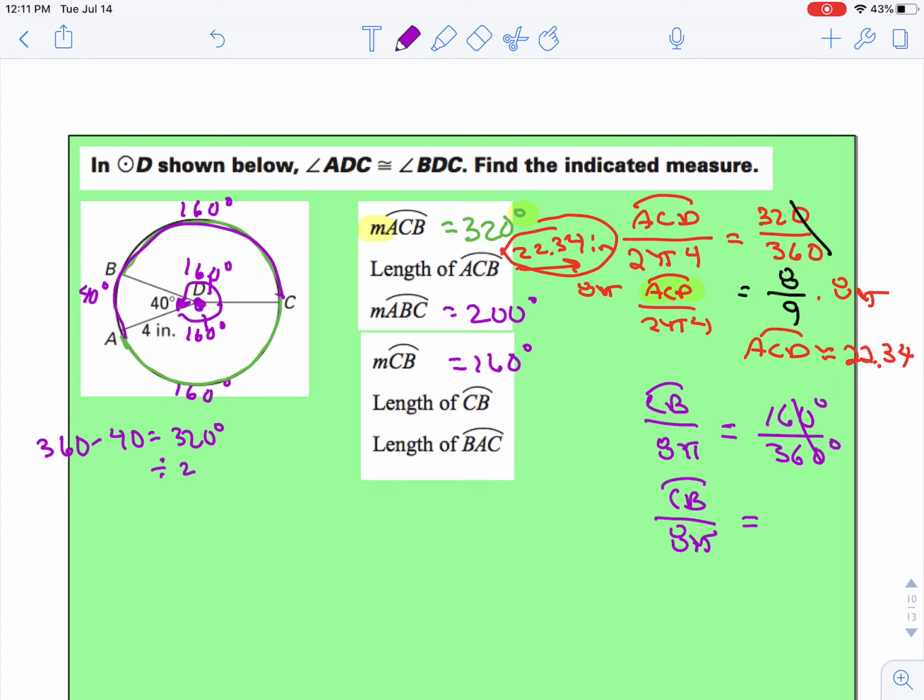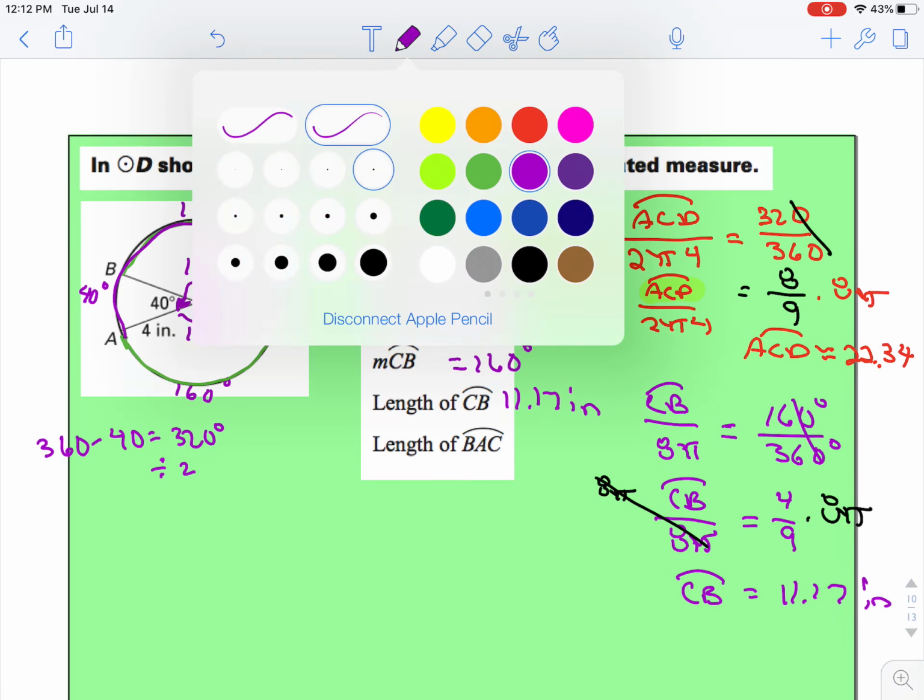Again, we can reduce the fraction, not necessary, but we can at least take the zeros off, and then we can see that that fraction would just reduce to 4/9. Multiply each side by 8 pi, so that cancels out. And so the length of our arc CB is equal to approximately 11.17 inches.